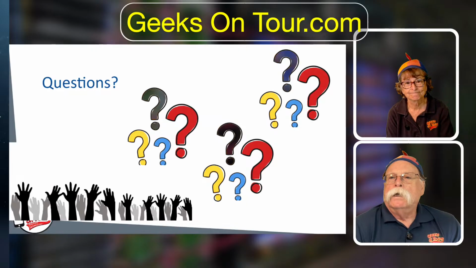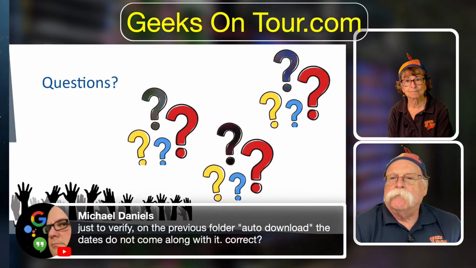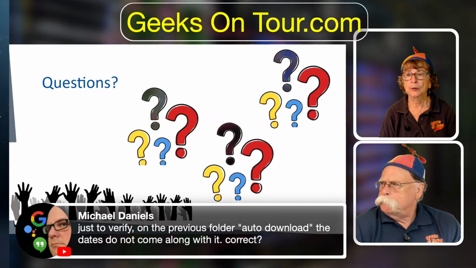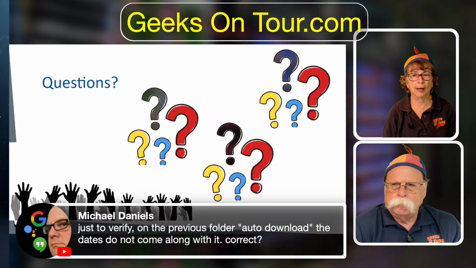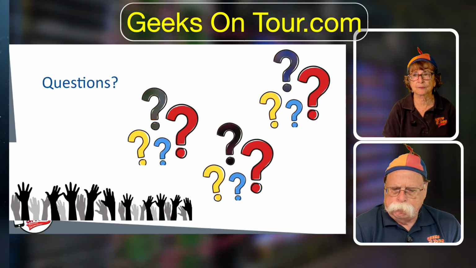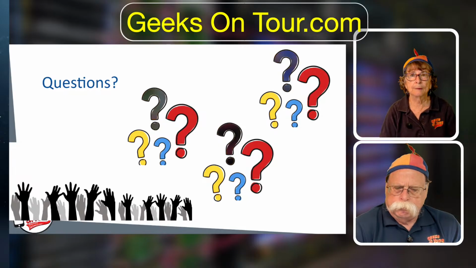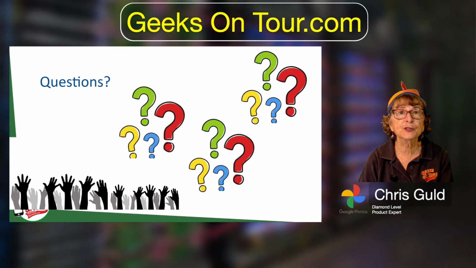All right, Michael, just to verify on the previous folder auto download, the dates do not come along with it. Is that correct? I think you're talking about last week's episode 297. Yes, the original dates.